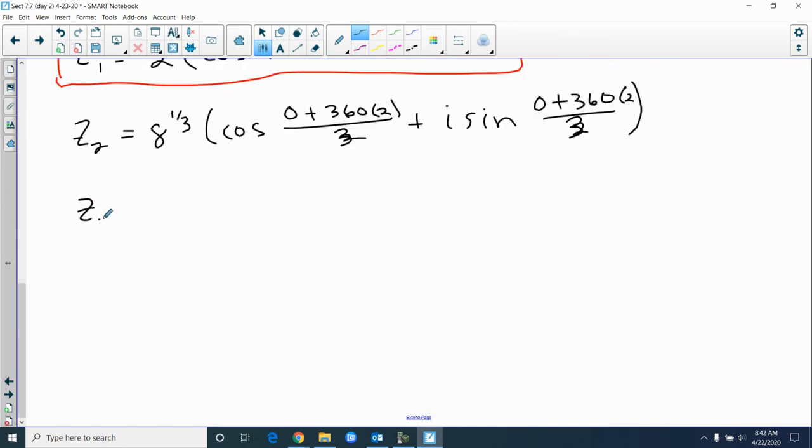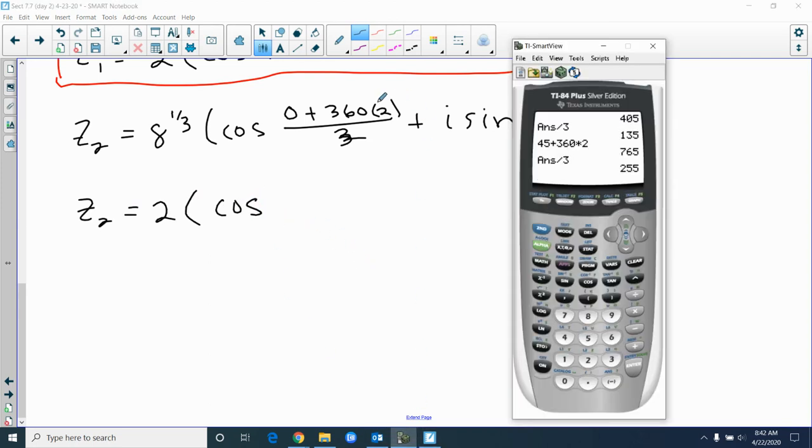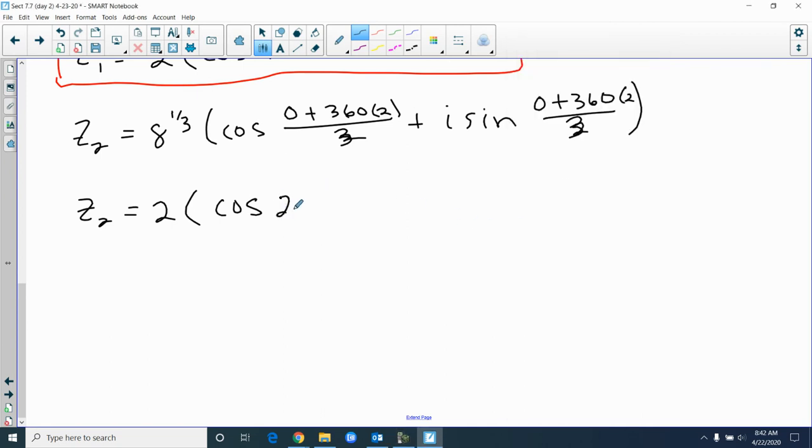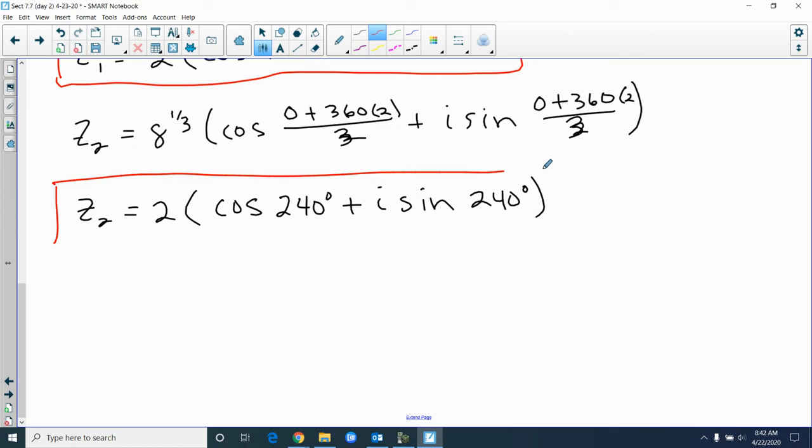And z sub 2 equals 2 cosine, and what do we get there? That's 720 divided by 3, 240, plus i sine of 240. And there is our last answer. So if you've got a cube root, you're going to have 3 answers.